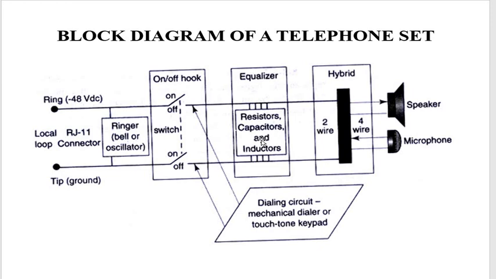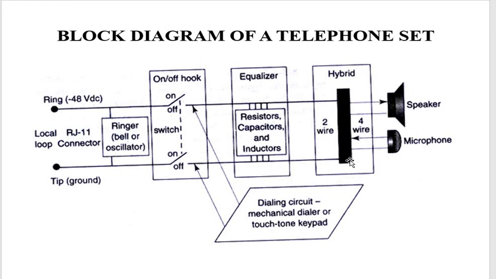So that is one of the functions of the equalizer. And following this, you have the speaker and microphone, which are connected through a hybrid block. The basic difference between speaker and microphone is that a speaker converts electric current into sound waves, whereas a microphone converts the sound signal into electrical energy.